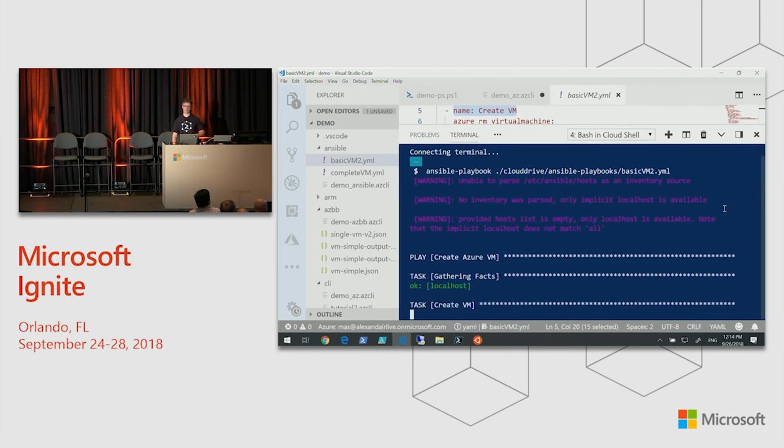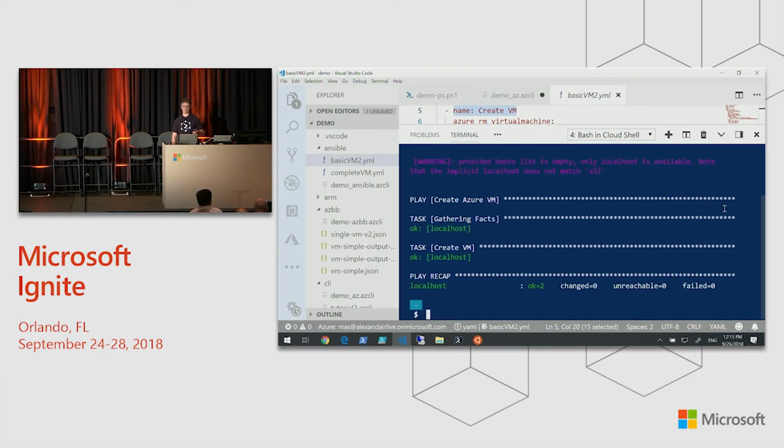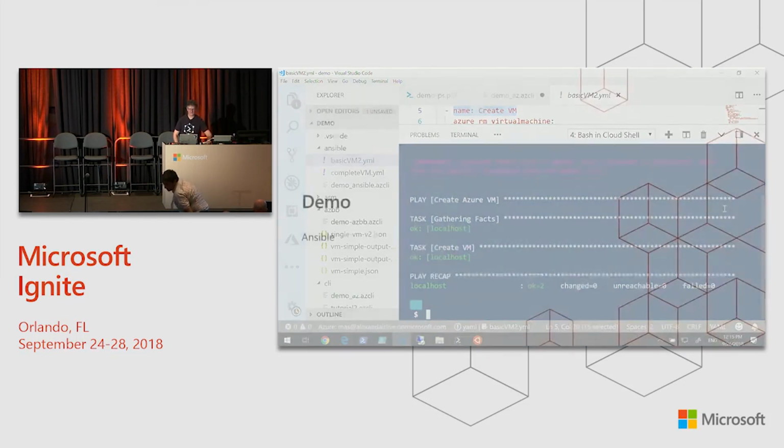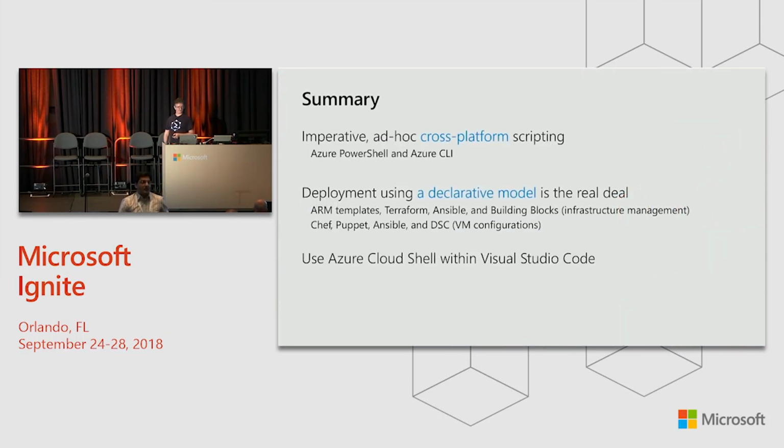As you can see, the task is create VM. This is how I named the task. And it says the recap is changed 0, unreachable 0, failed 0. As I said, all those templates are idempotent. You can run them multiple times. Nothing will be destroyed. If I didn't have it already provisioned, we would just go through a couple of those steps.